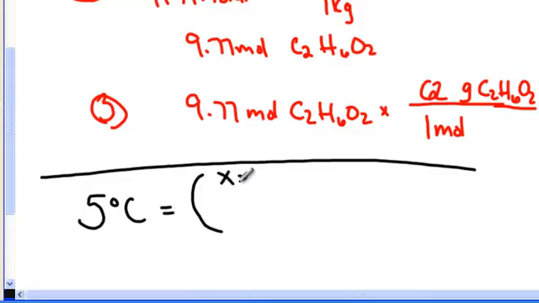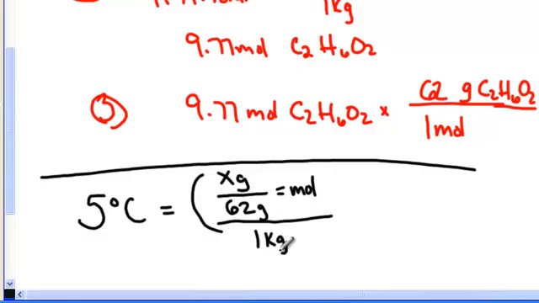Molality is equal to grams over formula weight. There's our mole unit, isn't it? Moles per kilogram of solvent. That's our little m, the molality of our solution.